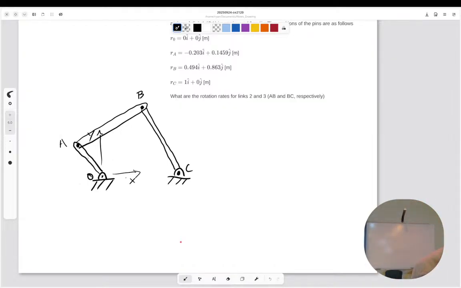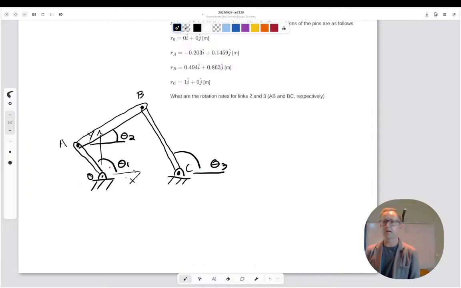And then I'll draw the angles of everything on there. This is theta 1, that's our theta 2, and this is theta 3.